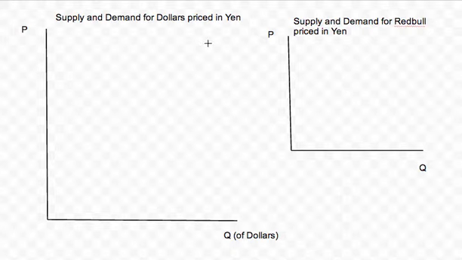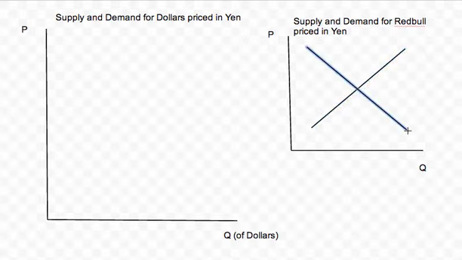And as you may recall, we have an upward sloping supply curve, and we'll have a downward sloping demand curve with an equilibrium price, and in this case we'll say that price is 300 yen.